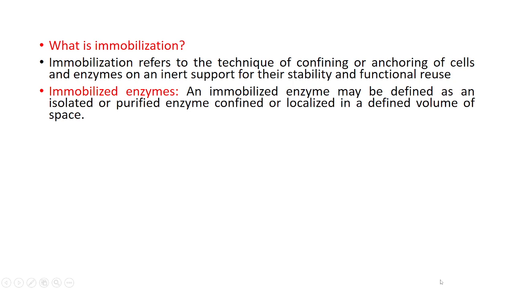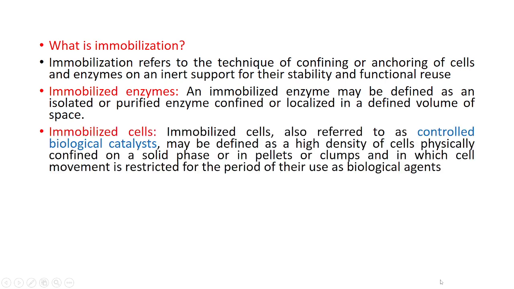So an immobilized enzyme is defined as an isolated enzyme. You can isolate and purify the enzyme and then confine or localize it in a defined volume or space. An immobilized cell means you are confining or localizing the cells, high density cells, in a physical space.